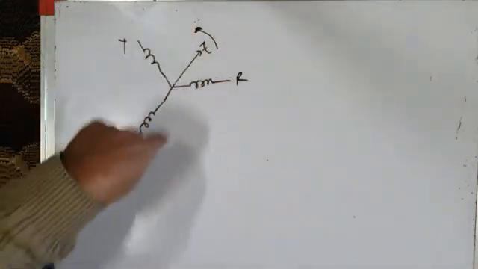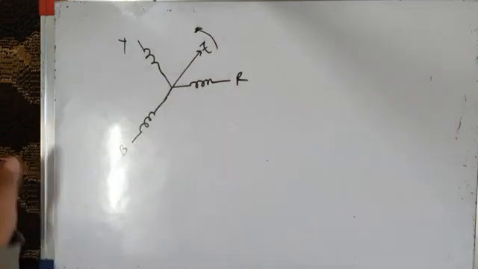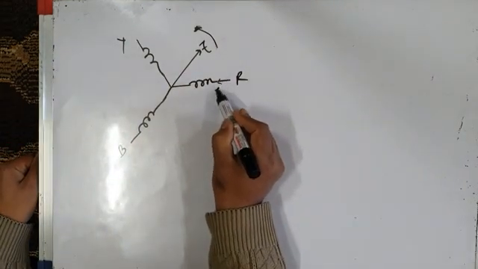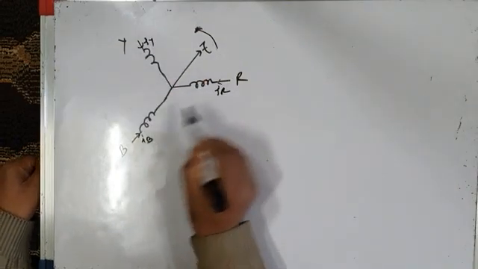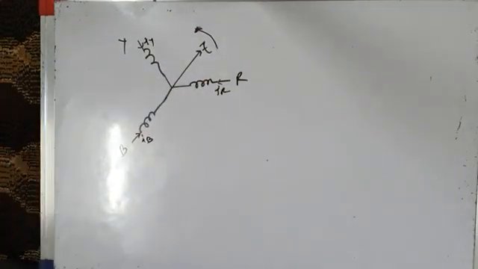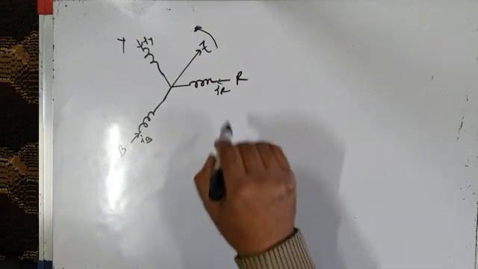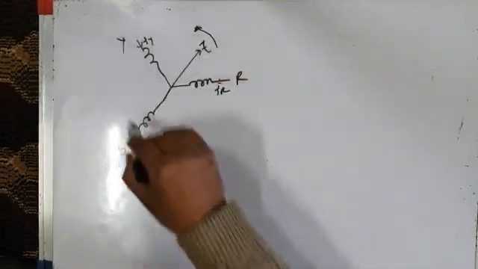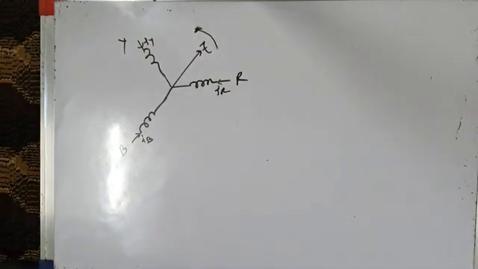So we generally take the convention of counterclockwise direction. When currents IR, IY and IB flow in the three-phase windings of an induction motor, they produce a revolving magnetic field, revolving at a speed determined by the frequency of the currents or the frequency of the supply.